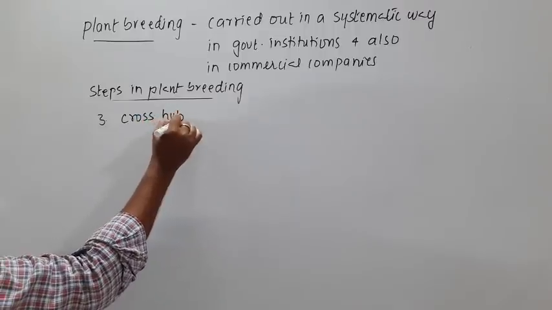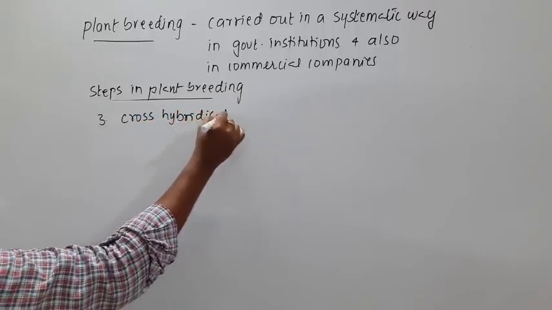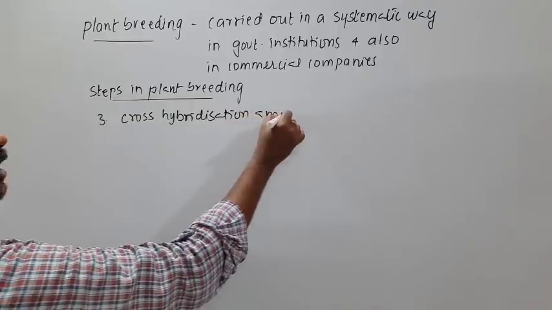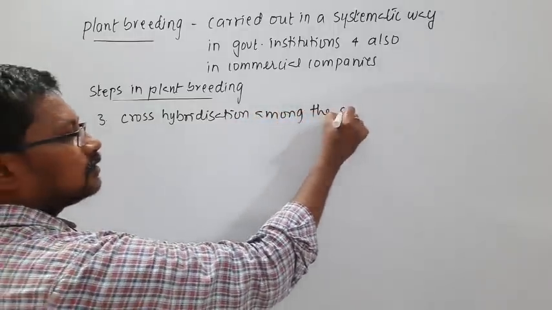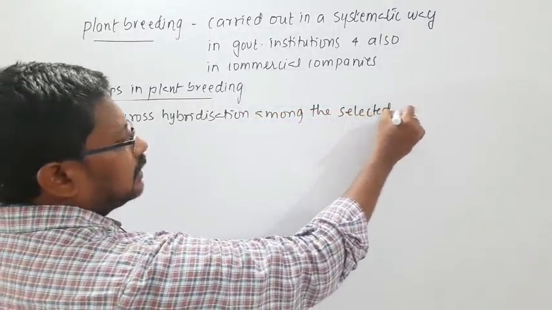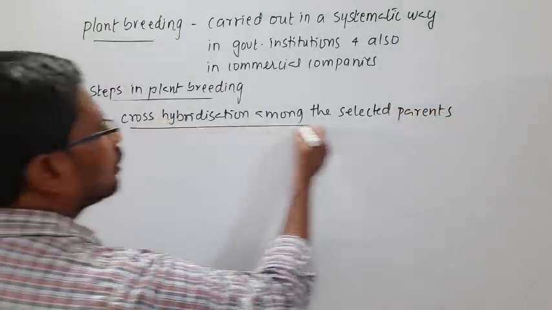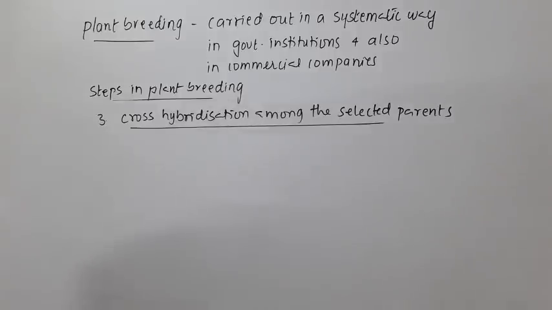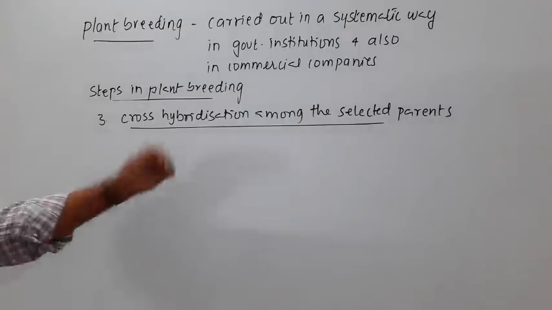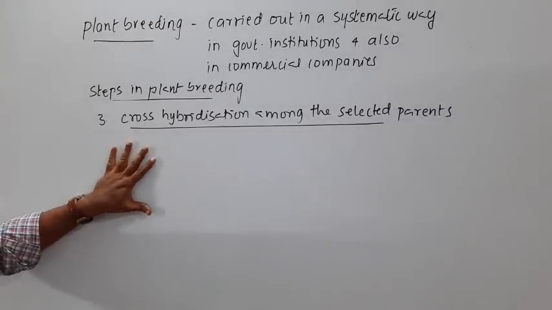Cross hybridization among the selected parents, right? In the second step, we selected the parents with the desirable combinations, and we are now going to do a cross hybridization.